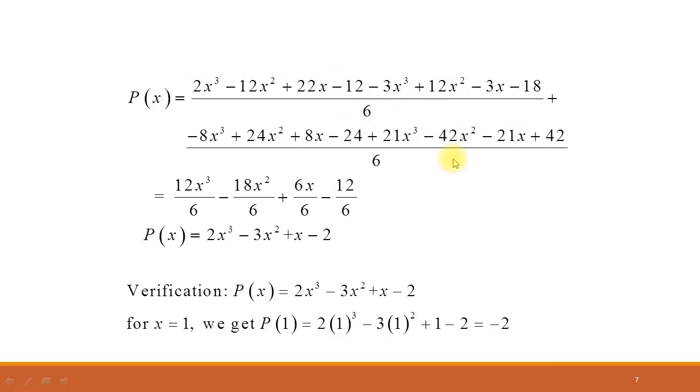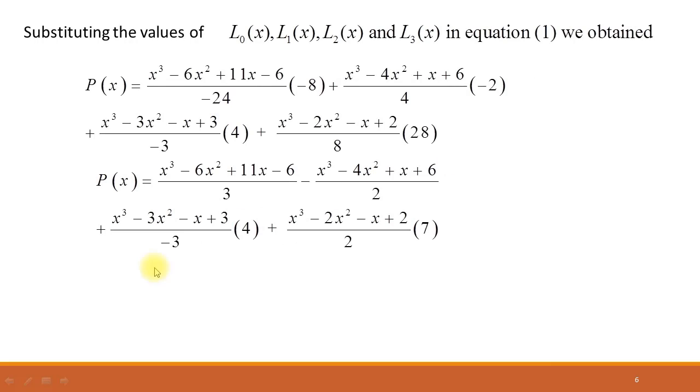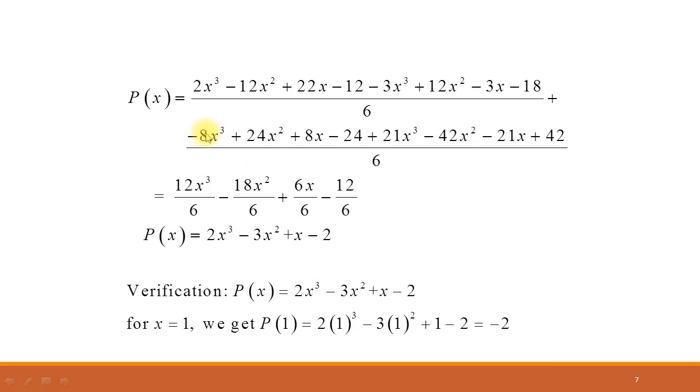Now the LCM of the remaining two terms is also 6. Now we obtain minus 8x cube plus 24x square plus 8x minus 24 plus 11x cube minus 42x square minus 21x plus 20 plus 42 divided by 6.